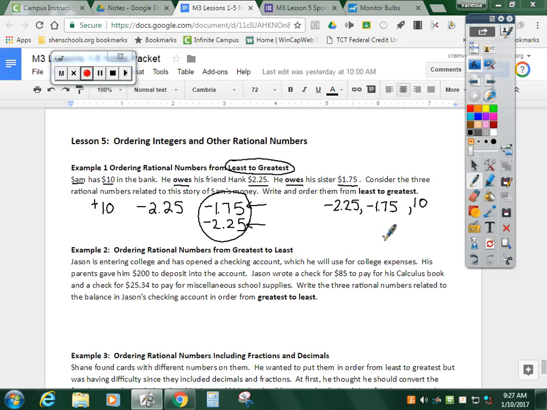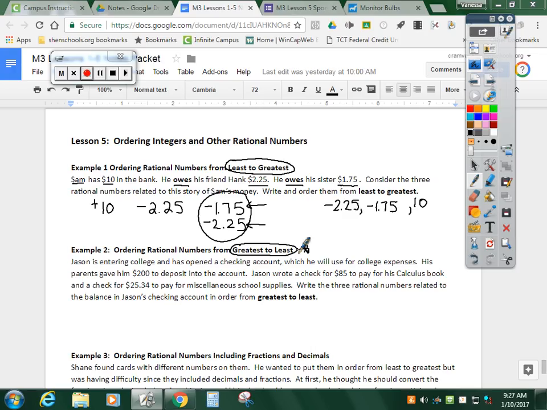Ordering rational numbers from greatest to least. I'm going to circle this right now. That's the most common mistake, that people don't read these directions and order them incorrectly. So it's really important that when you're taking notes, taking the test, that you mark up the test. Jason is entering college and has opened a checking account, which he will use for college expenses.